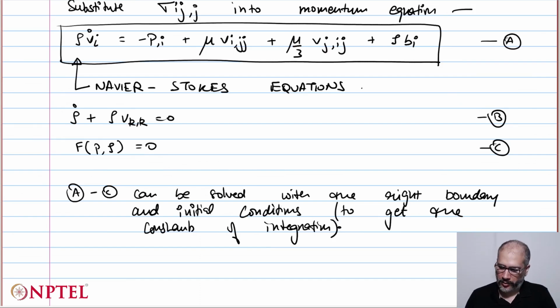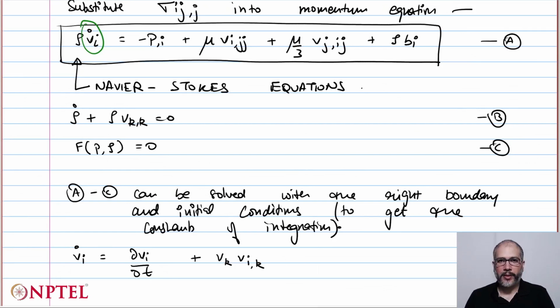Now in the Navier-Stokes equation, we see that we have this vi dot term, that is a material derivative of velocity field, which is expanded using the Eulerian form of the material derivative as del vi by del t plus vk times vi comma k, and you see here that we have a velocity times a gradient of velocity.